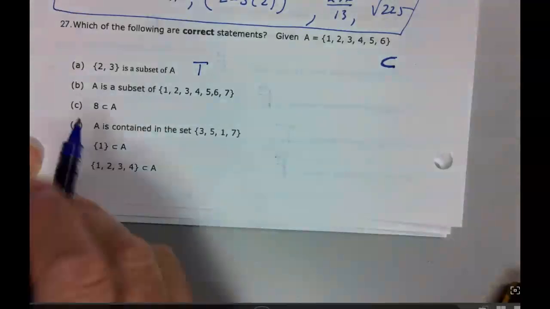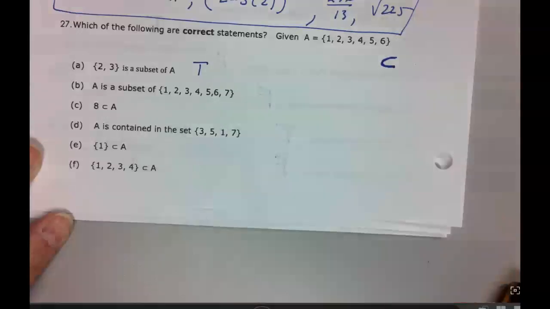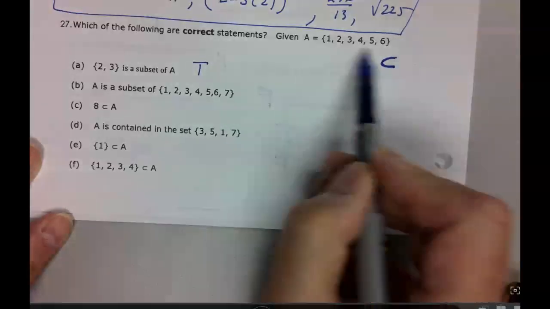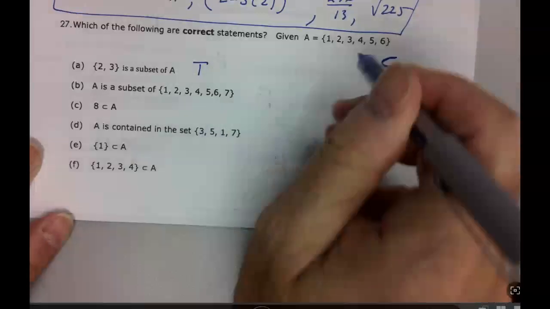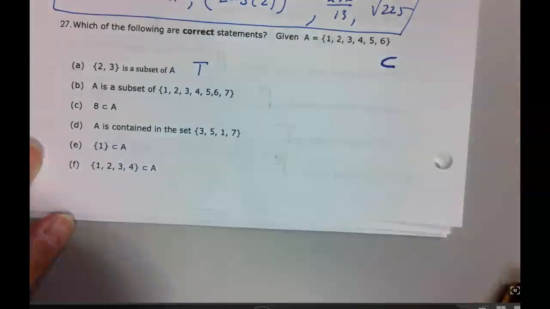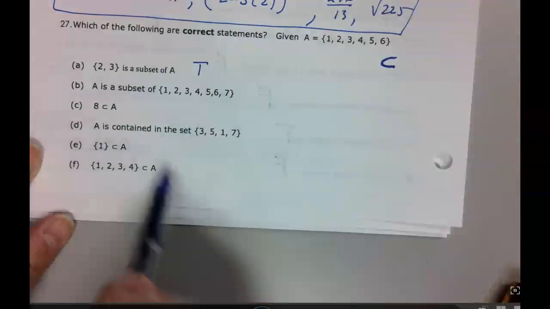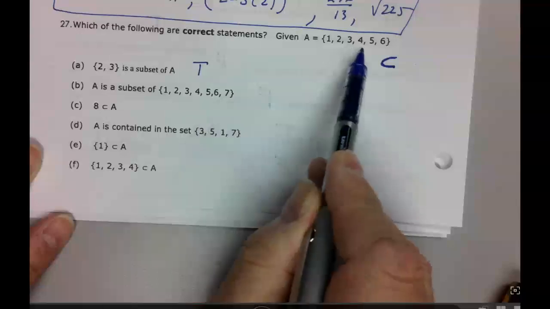Is A, which is this up here, a subset of this set? Well, are all those numbers in that set? Yes. Here is A in that set. Yeah, it is. Now, this one is not a subset of that one because 7 is not in that one, is it?